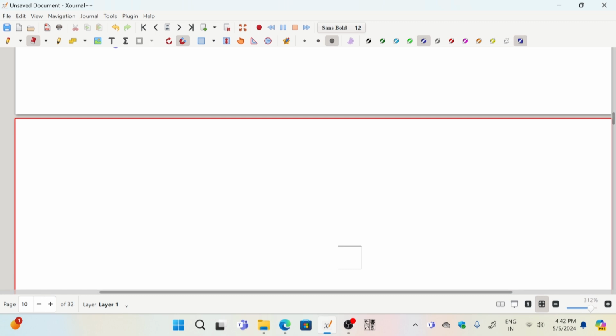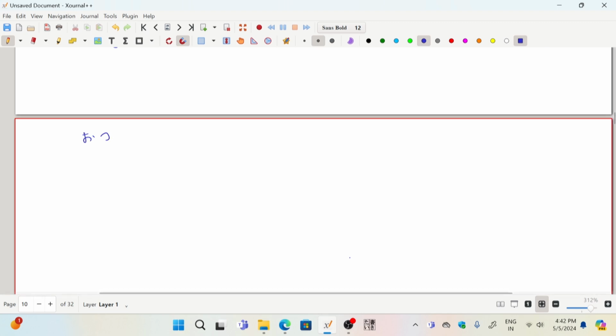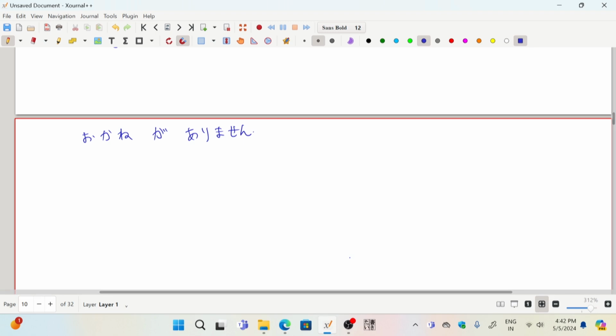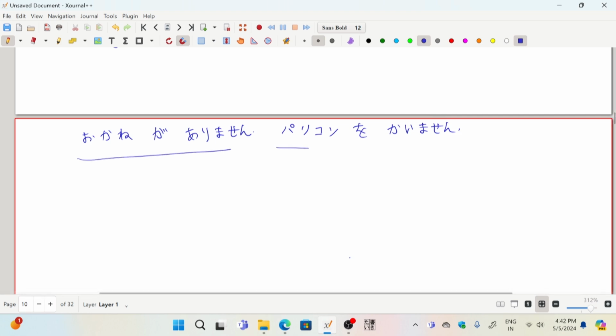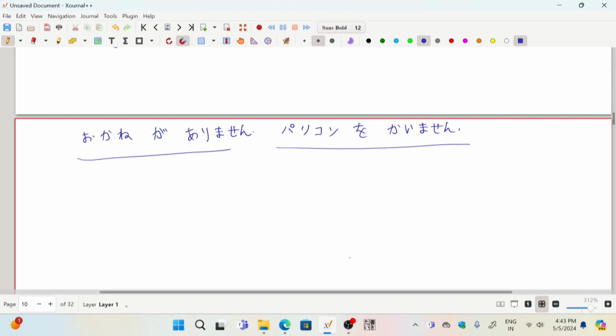So let's take a few examples. We can combine two or more sentences. First, I don't have money. Okane ga arimasen. Pasokon o kaimasen. Now using these two sentences, we have to make a potential sentence.